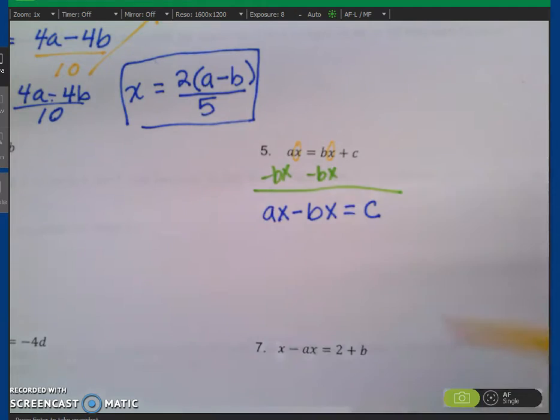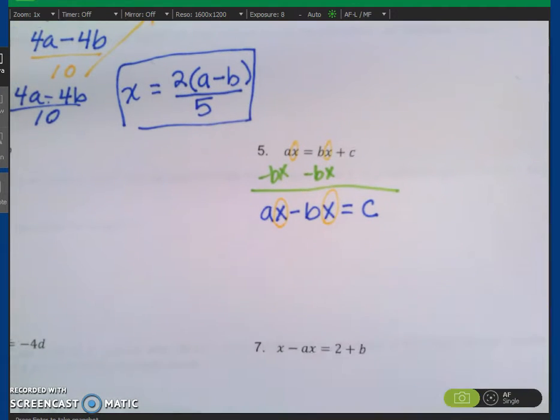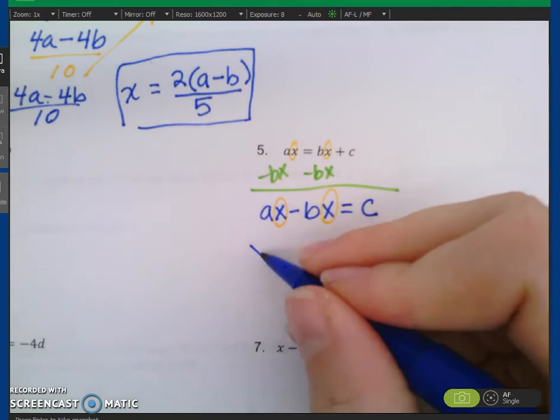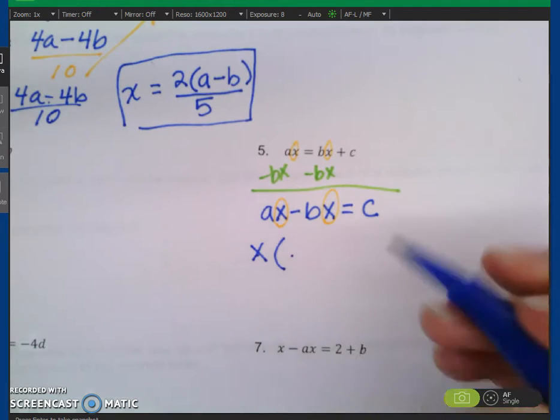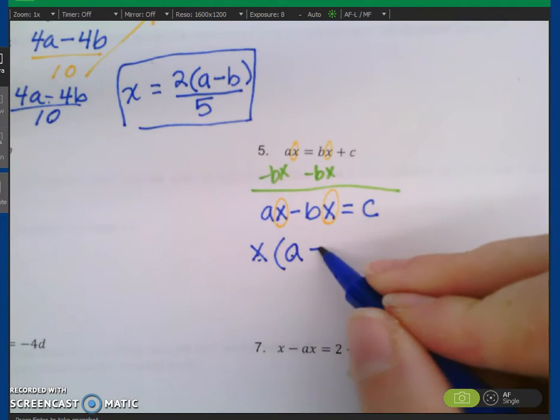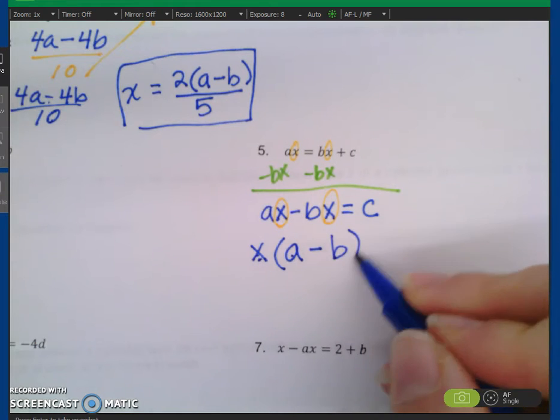I need to isolate x. Do you notice that x is being multiplied by both of those terms? Let's factor out the x. If I factor out the x, because it's a common factor in both of them, x times what gets me ax? X times a. Minus x times what gets me bx? X times b.